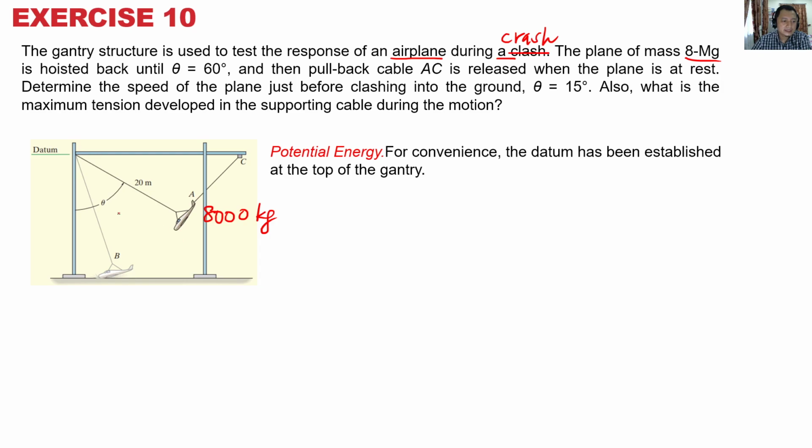Hoisted back up until theta is equal to 60 degrees, and then the final will be 15 degrees. Why 15 degrees? Right, only then there is impact. What is the maximum tension in the cable? It's more or less like before, 60 degrees and 15 degrees.